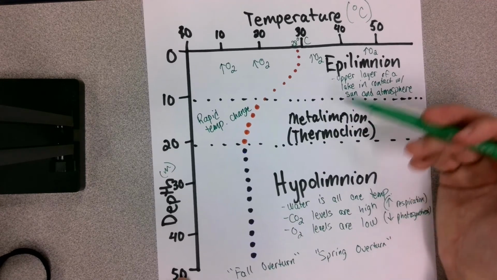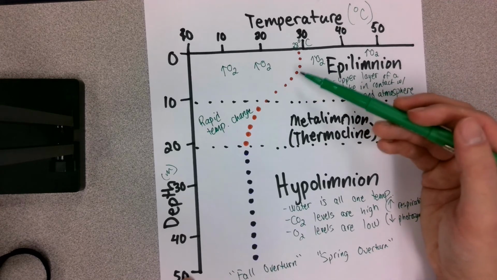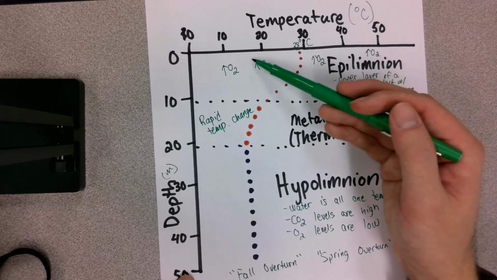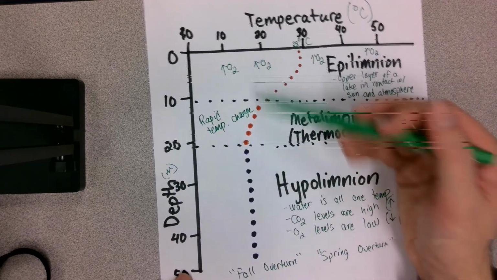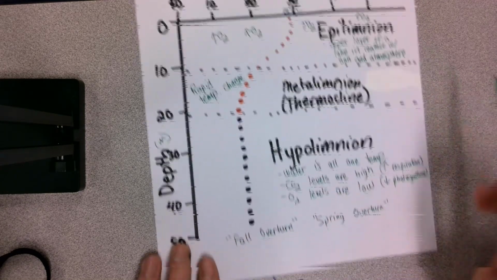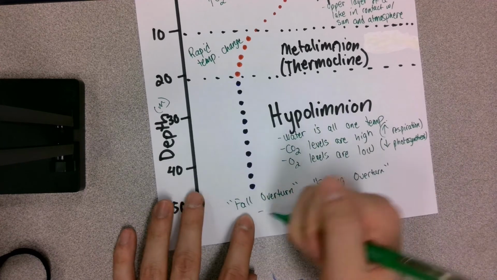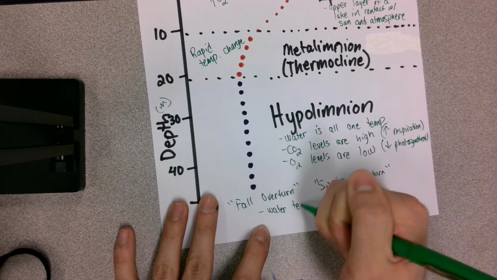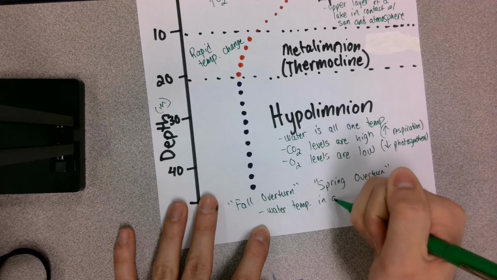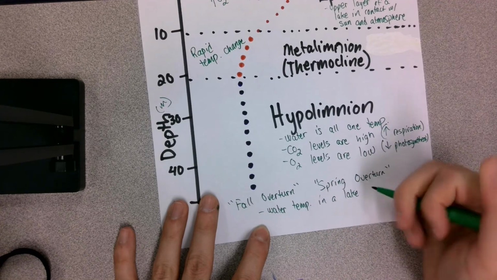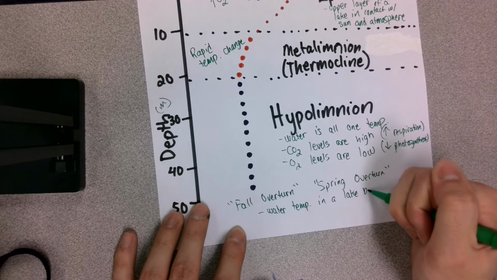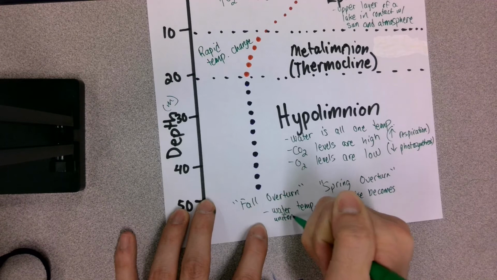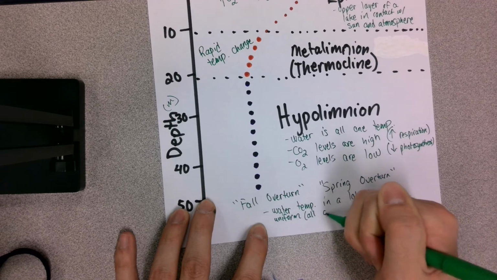Because if it's the summer, the water up here as it moves into fall will cool down, and eventually it'll move backwards and it'll look just like one giant line here. All right, so fall overturn and spring overturn are where water temp in a lake becomes uniform. And then when I say uniform, I mean it's all one temperature.